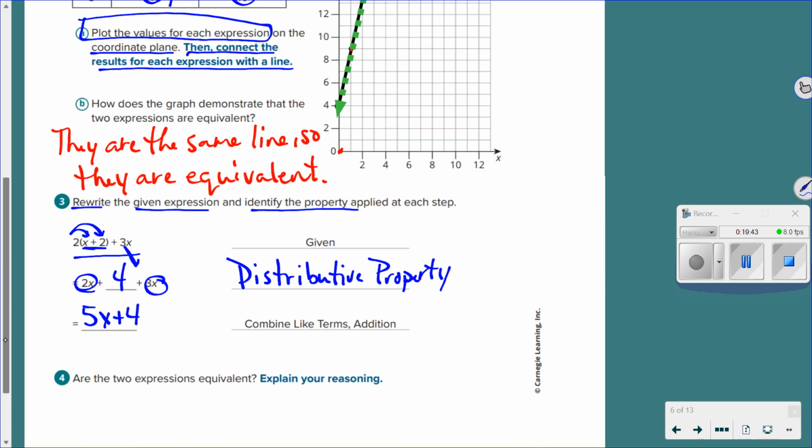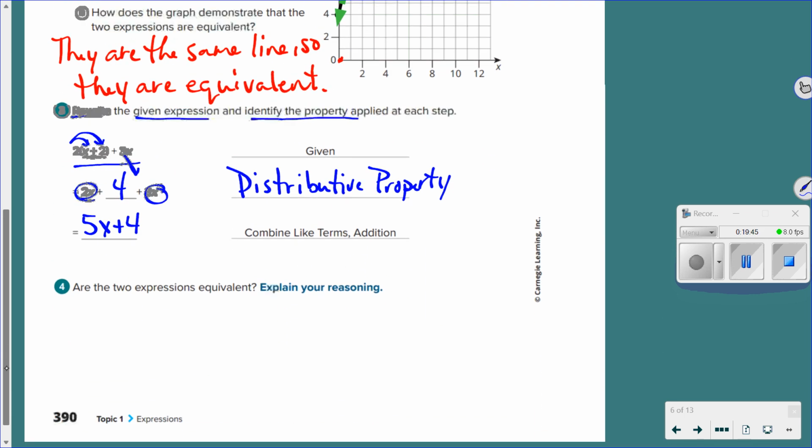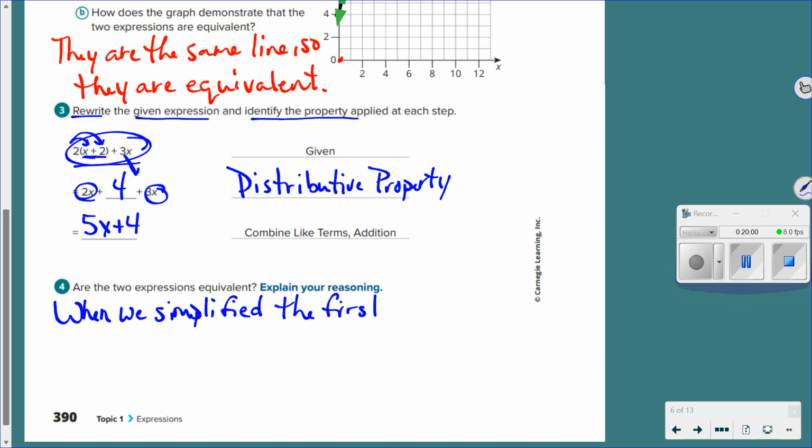It's when we simplified the first expression, it became the second one. In other words, it was written exactly the same.